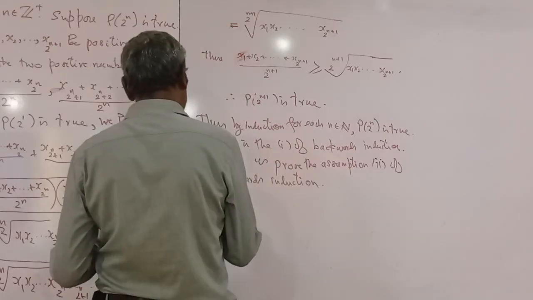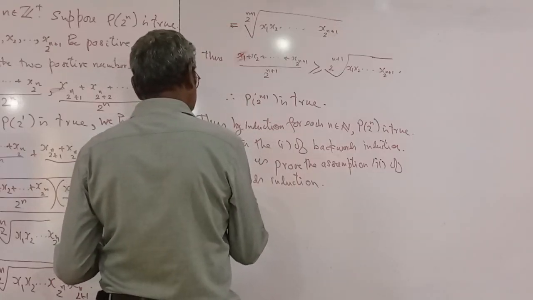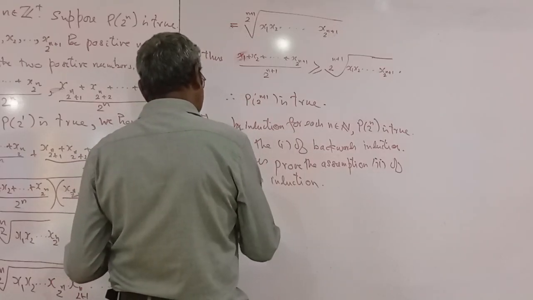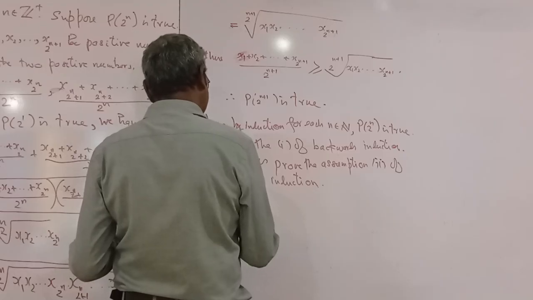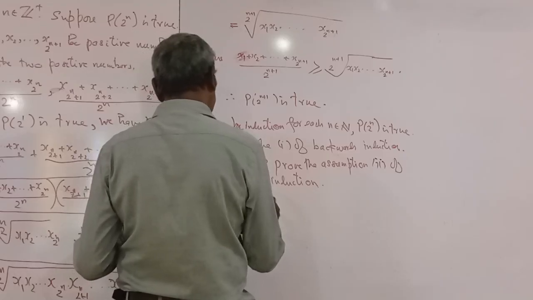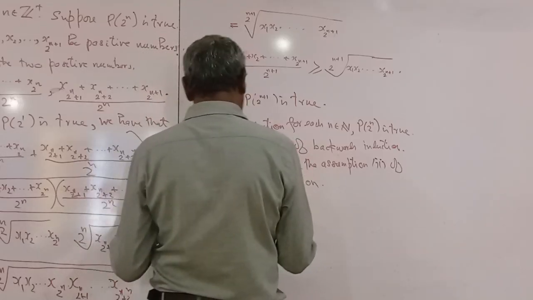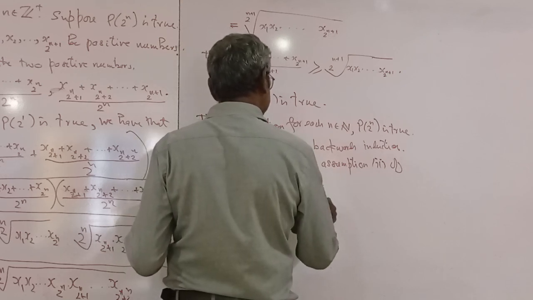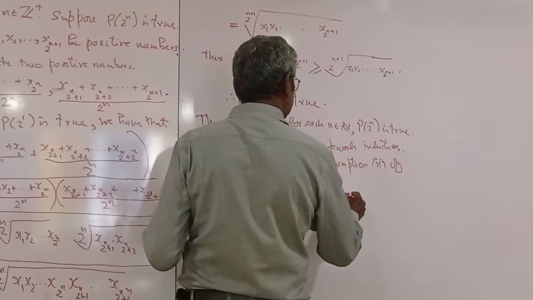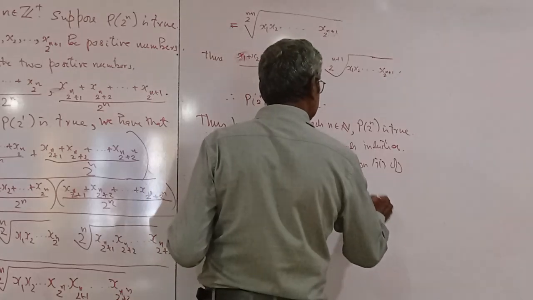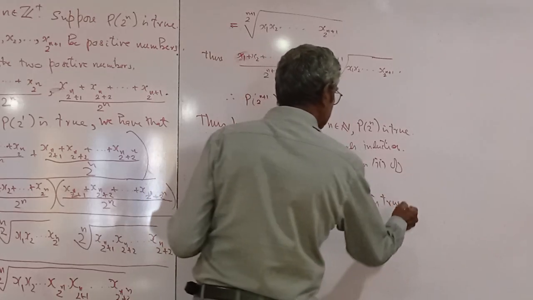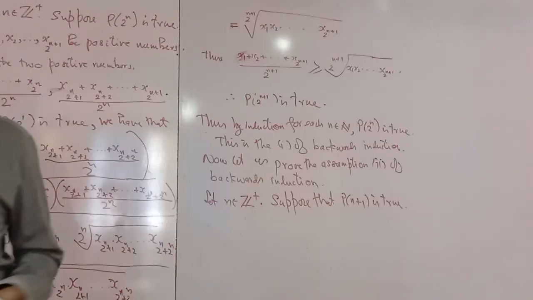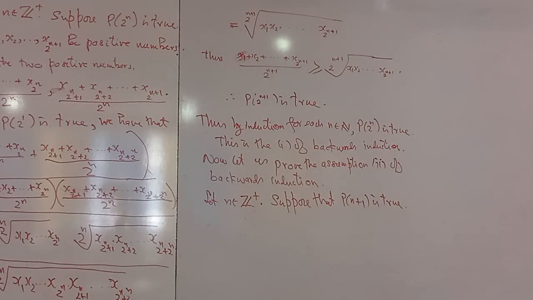Let n belong to the positive integers. Suppose that P(n+1) is true. I want to show that P(n) is true.